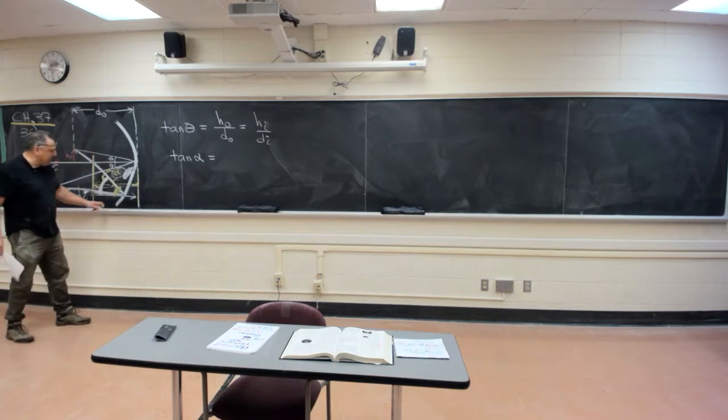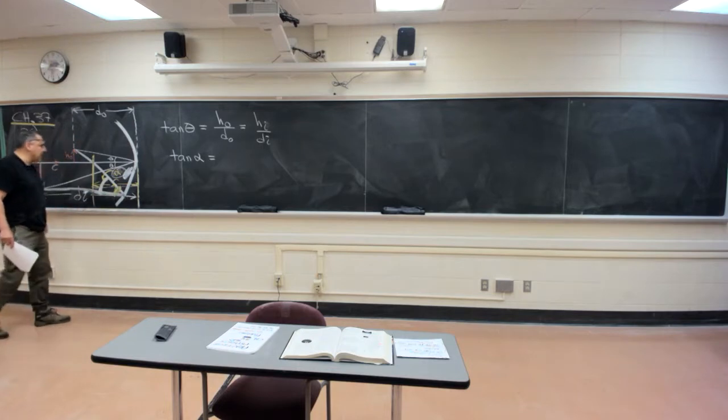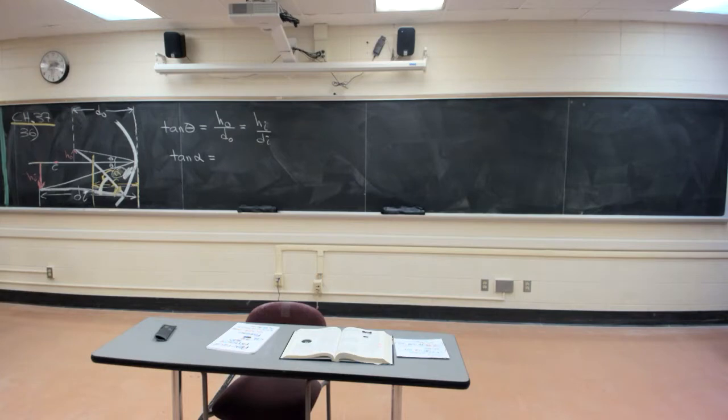You're going to have a hard time finding out what that distance is from the curve right here all the way to this perpendicular line segment coming down perpendicular to the ground here. Well, I'll tell you what. Maybe there's a way out of this thing.